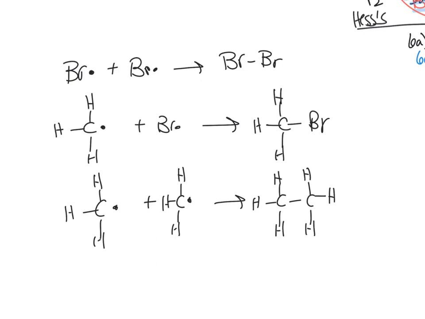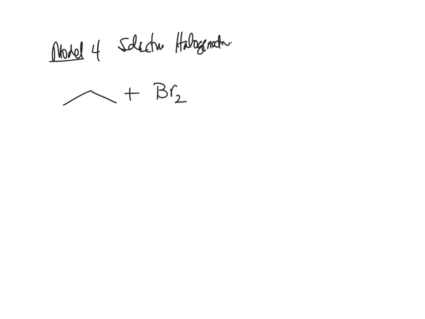We are down to one more model, model 4. Okay, this is about the selectivity. So, selective halogenation. If you remember, I told you we don't do fluorine in these reactions because it's explosive.